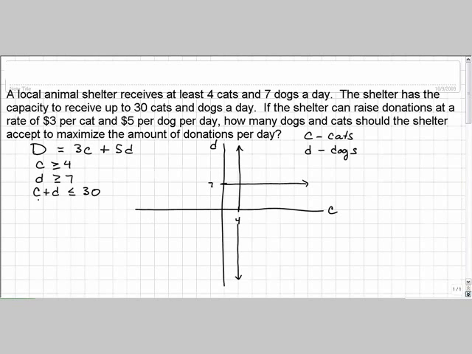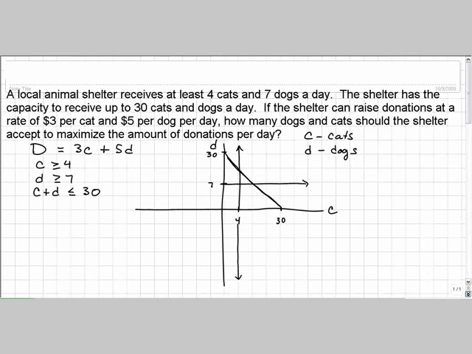And then finally, our other constraint, C plus D must be at most 30. We can see that the intercepts here: if C is equal to 0, D will be 30, and if D is equal to 0, C will be 30. And our line goes through these 2 points.